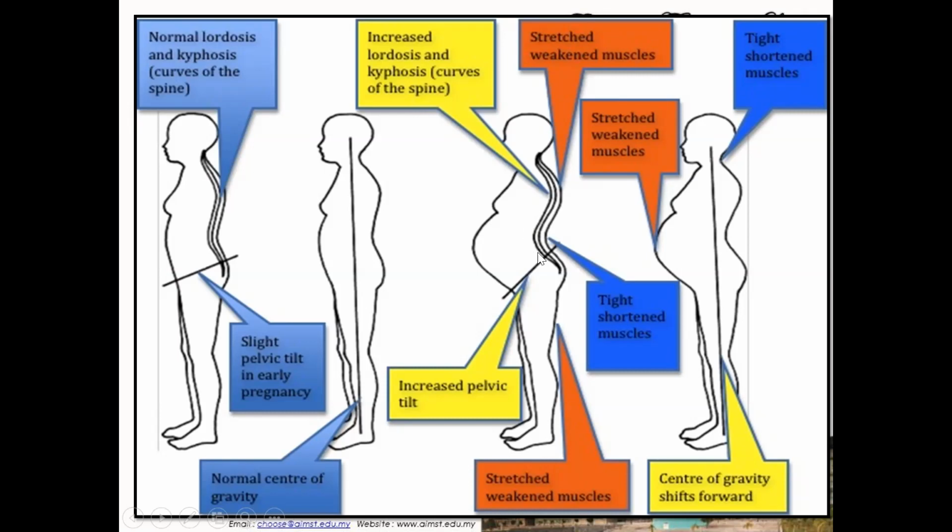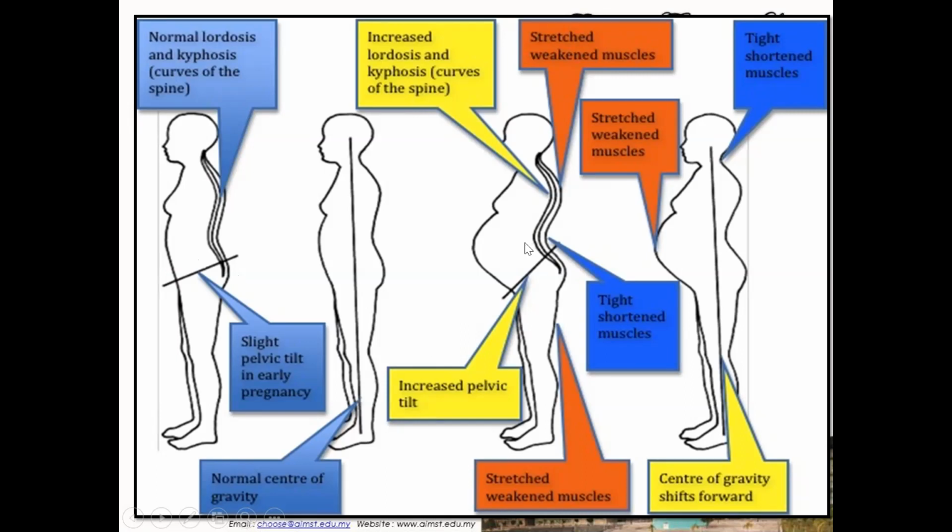Okay. So then again, when the abdomen is pulling the spine forward, automatically there will be anterior tilt. Okay, so there will be anterior tilt. Normally the pregnant mother initially everybody will have a neutral pelvic, but because of the pregnancy, the tilt will keep on increasing, and anterior tilt will be there.